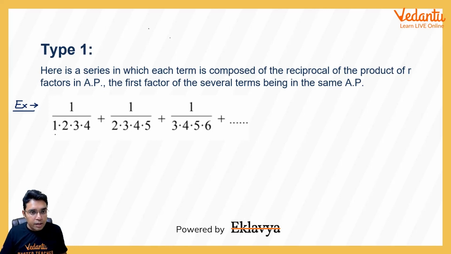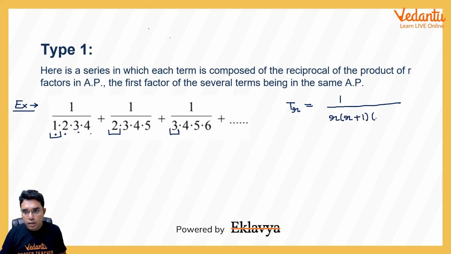Like you can see here 1, 2, 3, 4 is an AP, and if you compare the first factor of each term, they are also in the same AP. Now to do such a question, the standard method is first you write T_r, which you can see is equal to 1 upon r into r+1 into r+2 into r+3.